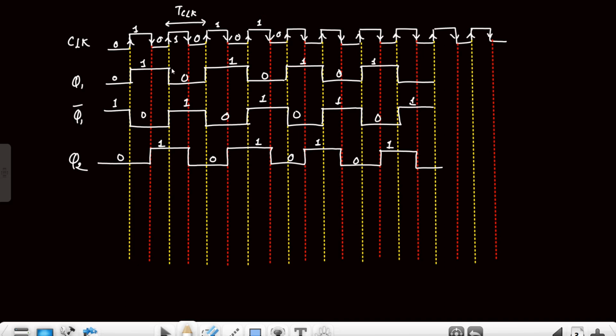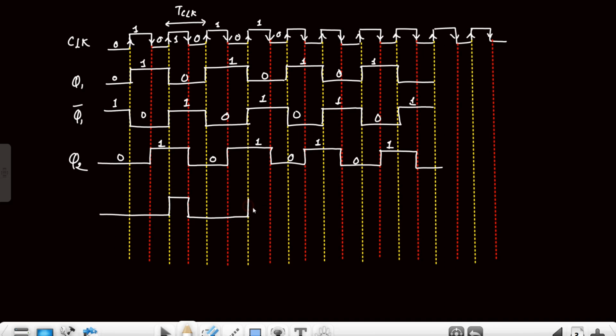When we multiply, we can see that it will first be logic 1 at this point, and for this much instant only, and after that it will be at this point.